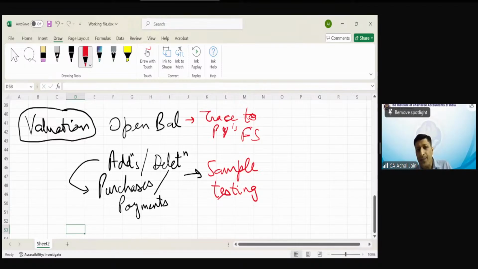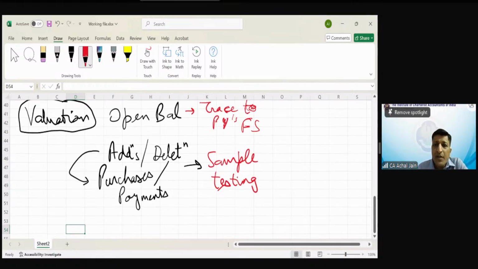Yes or no? Yeah. So that's how you will check as to what are the additions. And in terms of payments, that again on a sample basis, you will go look at the bank statements whether the payments have been made during the year or not. Okay. So that is about the additions or deletions.